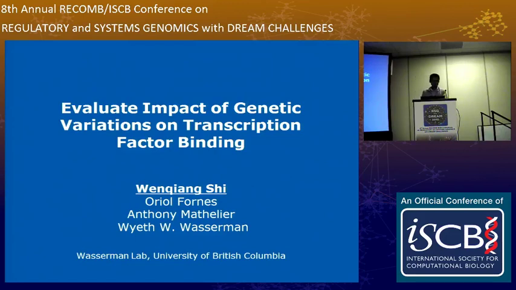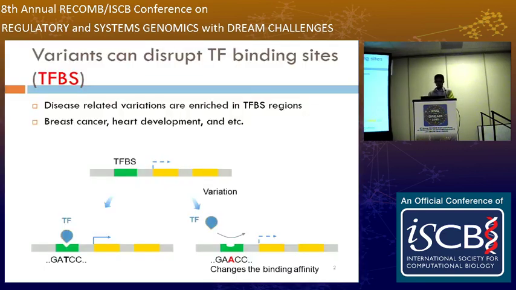Today I'm going to talk about how to evaluate the impact of genetic variations, particularly on transcription factor binding. We talked a lot about variations in the non-coding regions, and people say they might be associated with transcription factor binding sites.